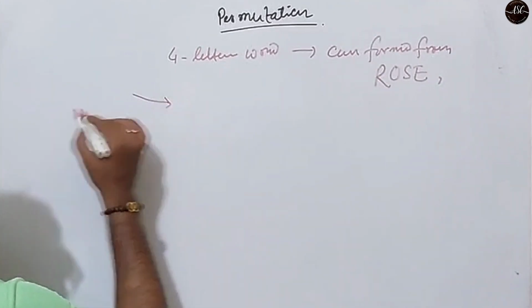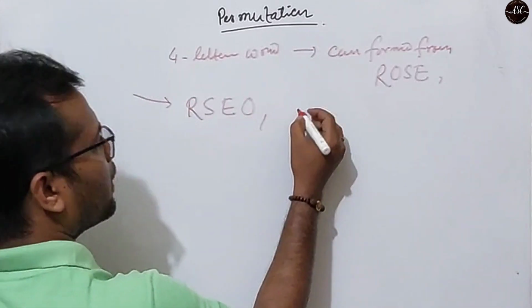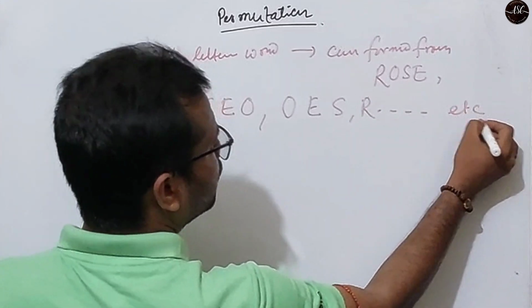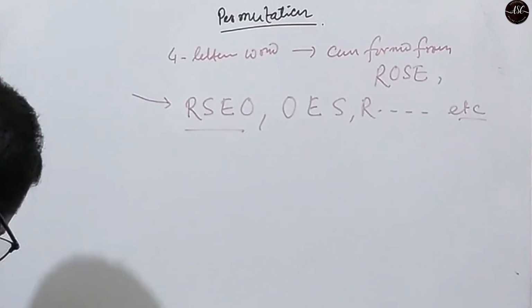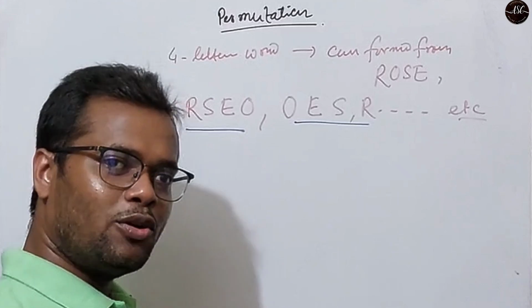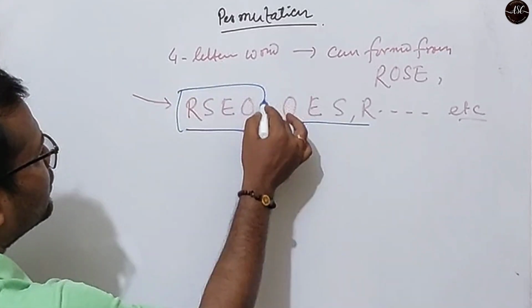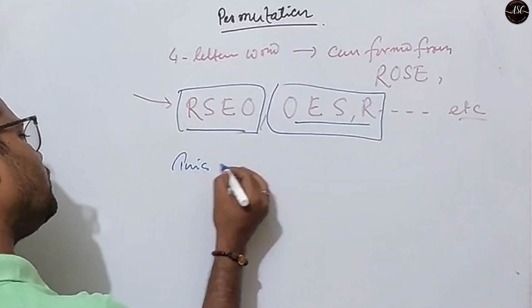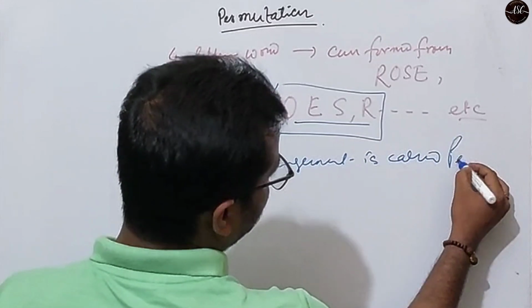The 4-letter word can be R, S, E, O, or O, E, S, R, etc. All these words are arrangements of letters. This arrangement is called permutation.